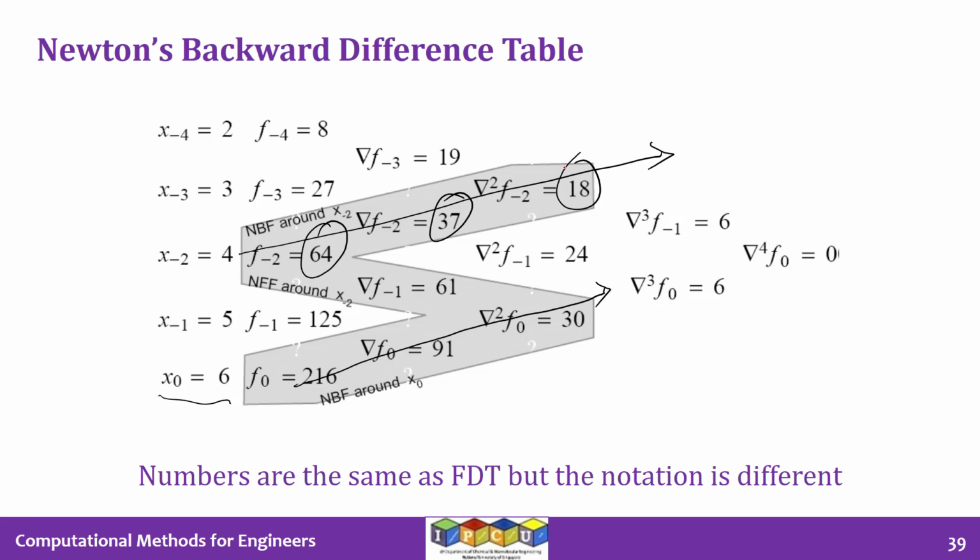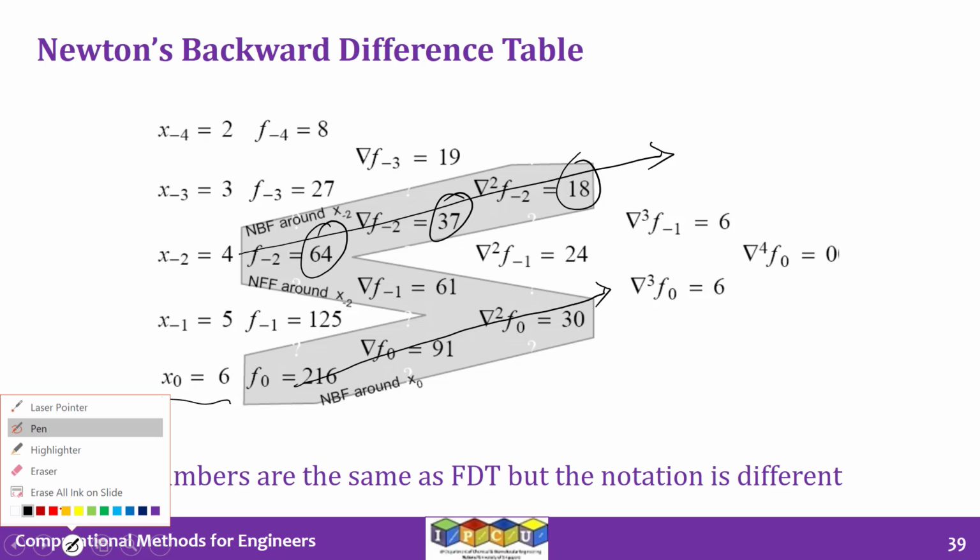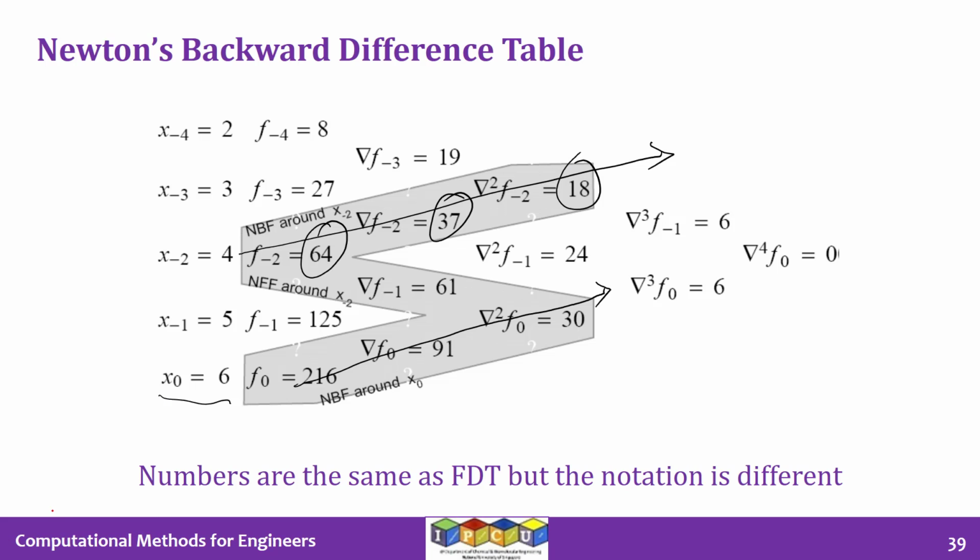Since the numbers are the same but the notation is different, if you wanted an interpolating polynomial using x equal to 4 as the reference point, all you do is start from this but move in this direction, as we did in our example when we constructed the interpolating polynomial using Newton's forward difference table.